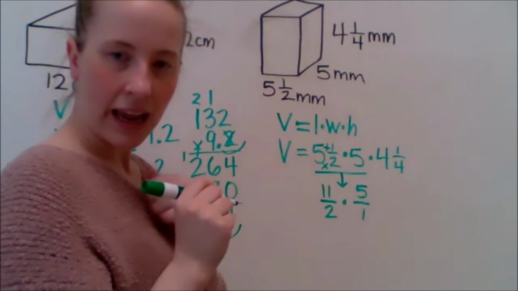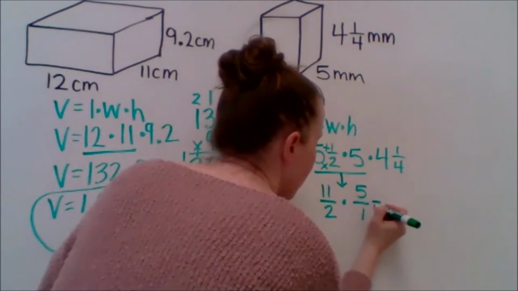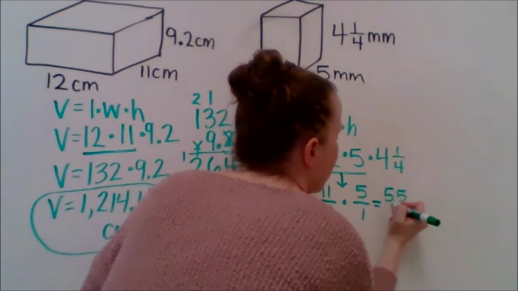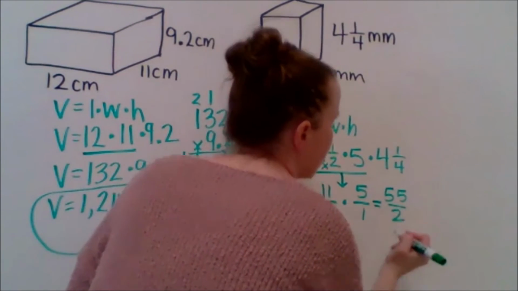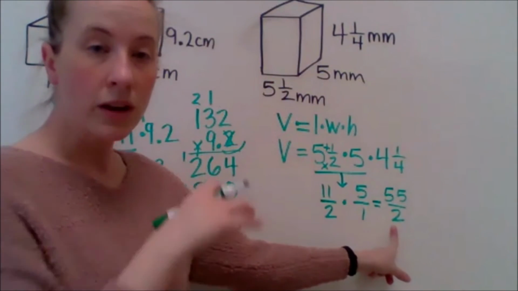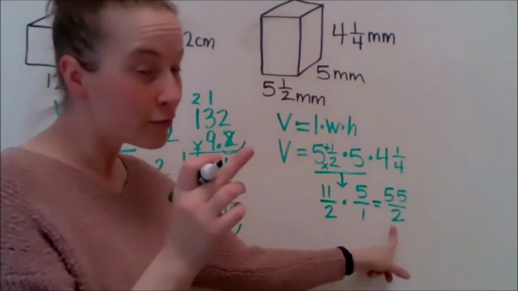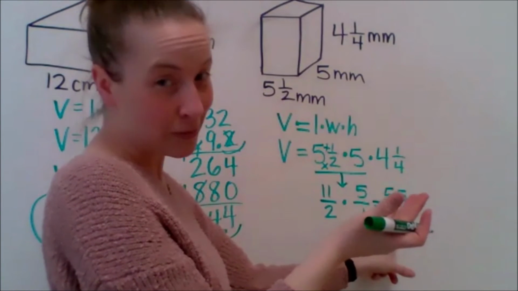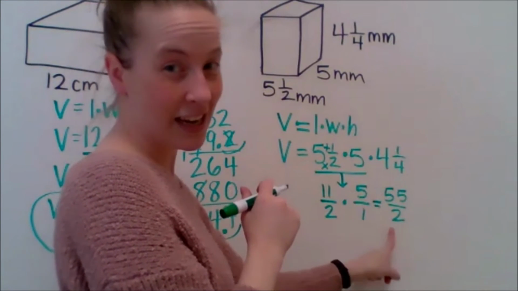Now I'm going to try and multiply these. Okay, so 11 times 5 is 55 up top, and 2 times 1 is 2 down below. Now usually we would convert this back into a mixed number. However, I know I'm going to be multiplying by another fraction anyways, so I'm just going to keep this like it is.